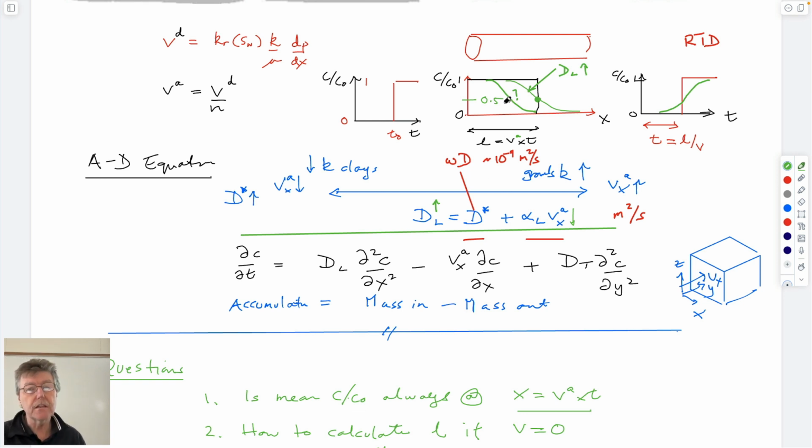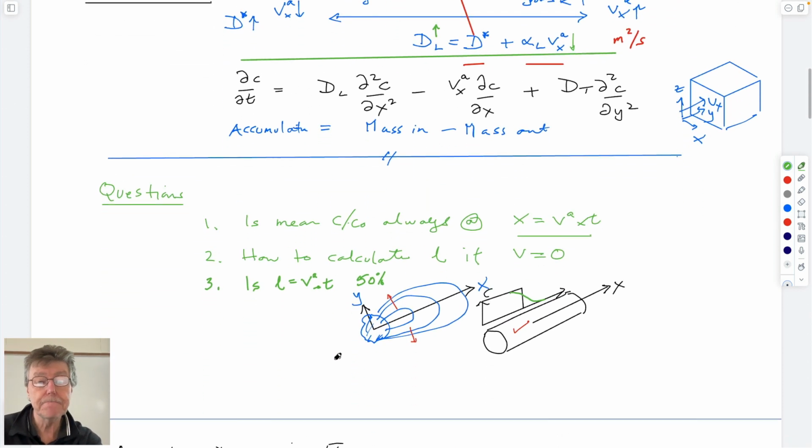And if it could look like this at breakthrough, when is this equation not true? If it could look something different. And when it breaks through, is it always present at 100% concentration, or could this concentration be less as it goes downstream? And what are the conditions that allow us to describe that behavior? So that's what the third one is.